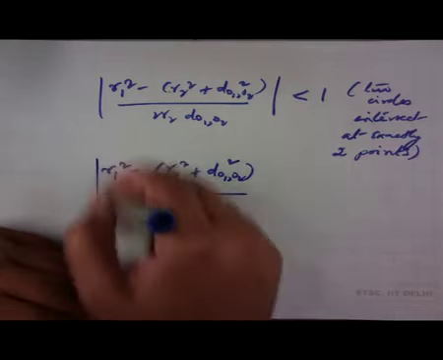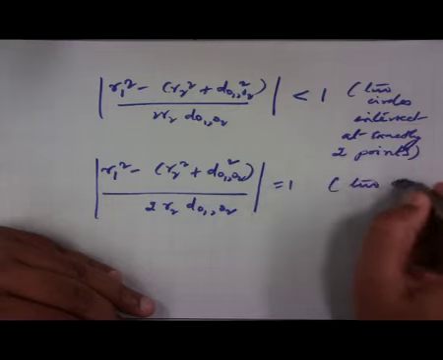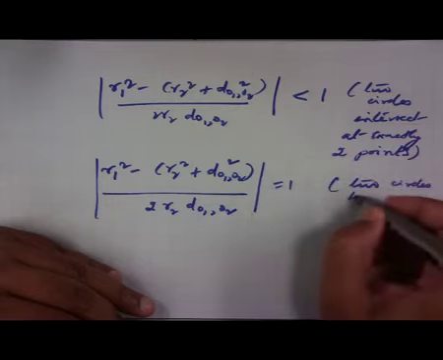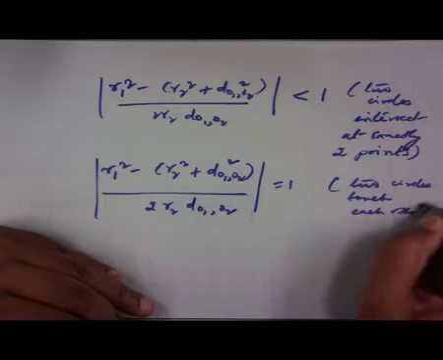this value has a modulus equal to 1, then the two circles touch each other.